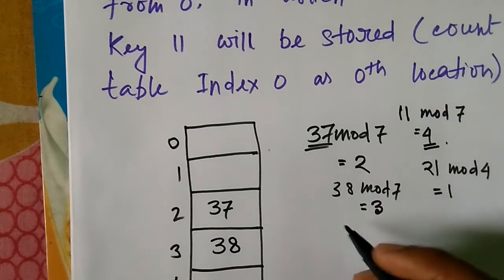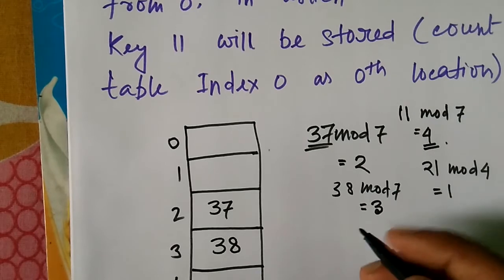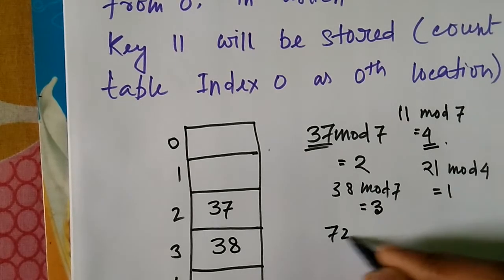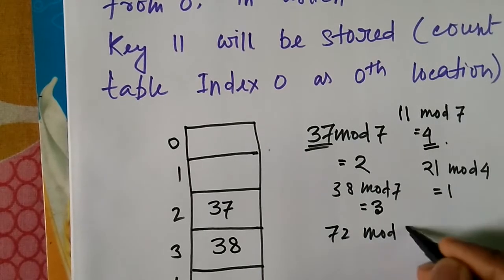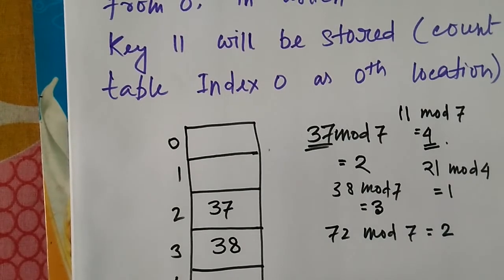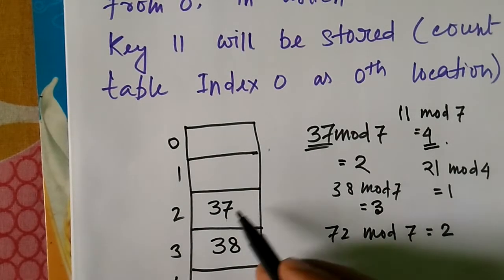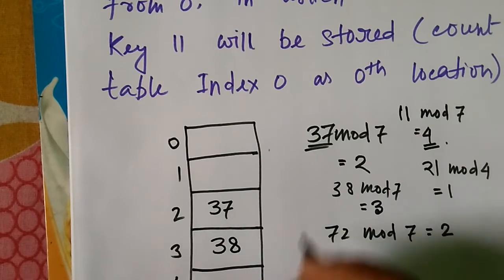The next element is 72. 72 mod 7 is 2. This place, index 2, is already filled by 37.